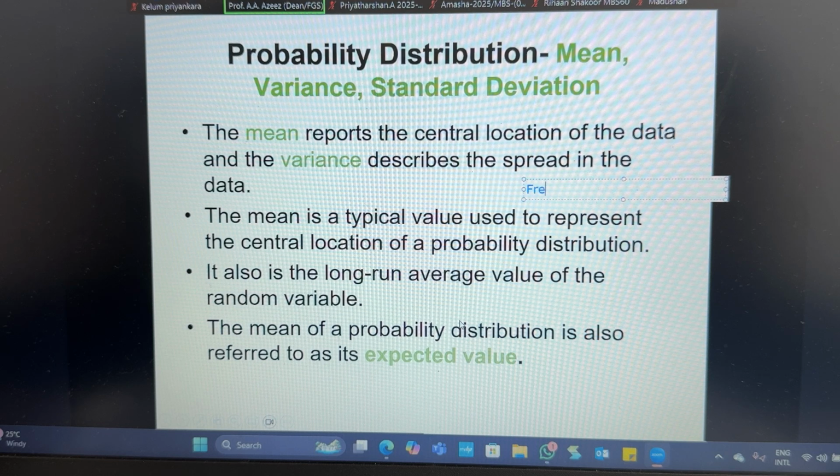I told you that we studied the frequency distributions, and later probability distributions.